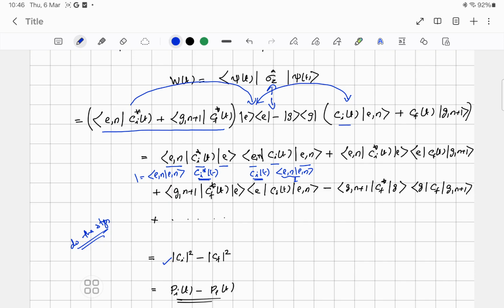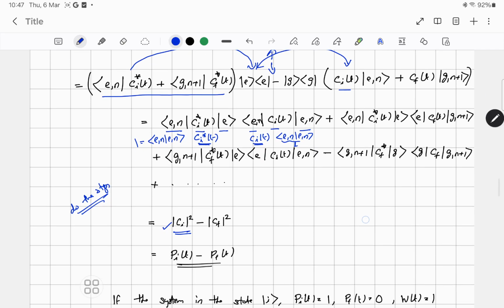Many of them would become 0. Only two non-zero quantities would come. One non-zero quantity I have already shown you, that would be mod Ci square. The next non-zero quantity would be minus mod Cf square, which you can do yourself.